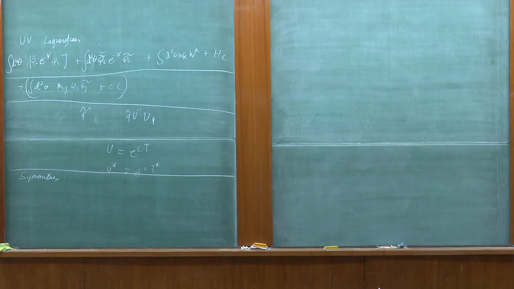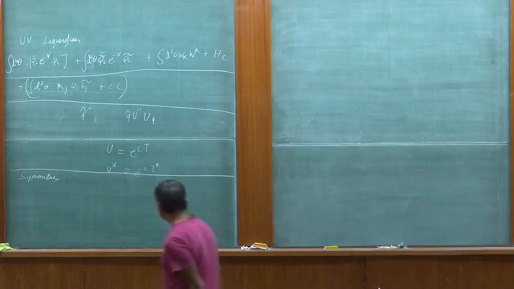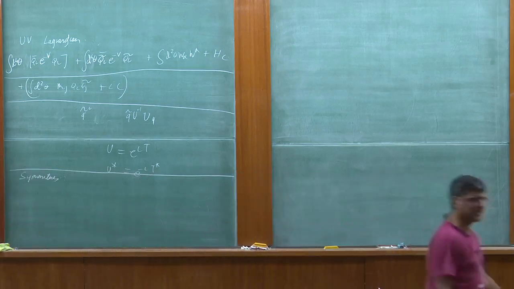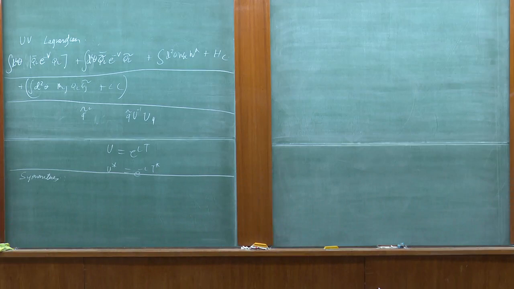Now, the first thing you see about this theory is that the Q's and Q tildes do not directly talk to each other. They talk to each other only through the gauge fields, right? This is in the case that M_ij is 0. So, if we can do some transformation on Q's, we can also do some transformation on Q tildes, and these two things don't talk to each other.